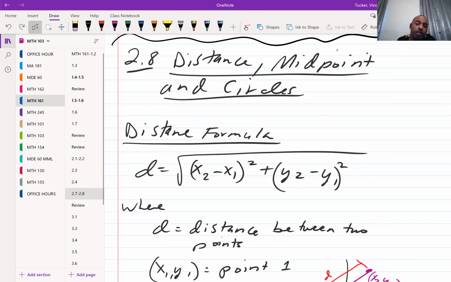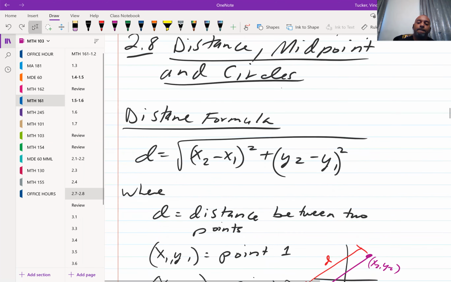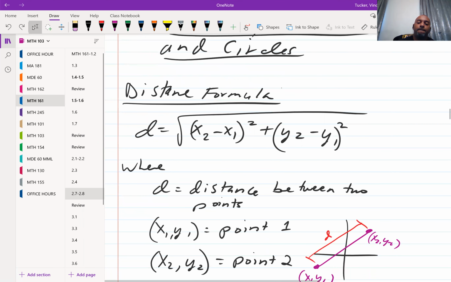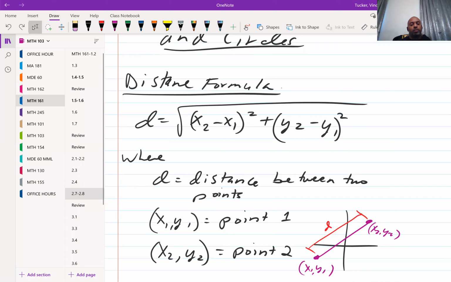Square root of x2 minus x1 squared plus y2 minus y1 squared. So D is going to represent the distance between the 2 points. And so x1, y1 is the coordinates of point 1, x2, y2 coordinates of point 2.